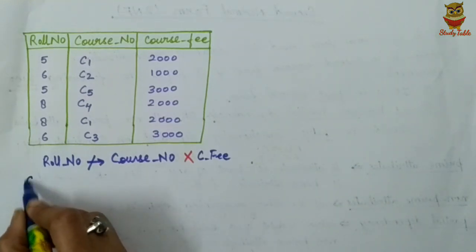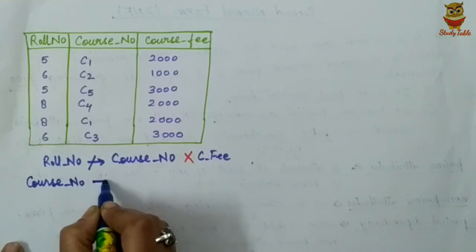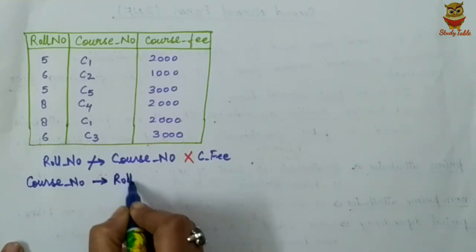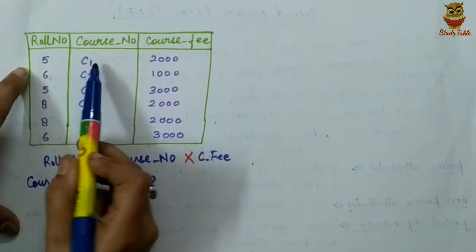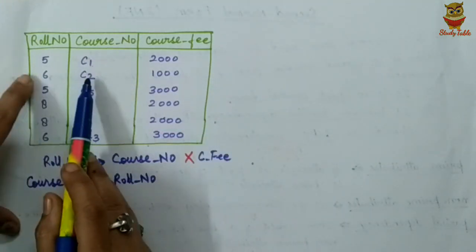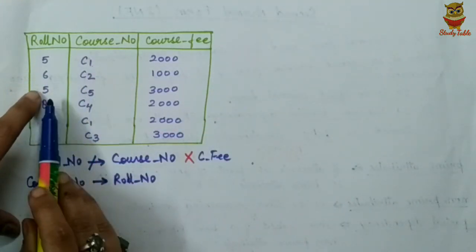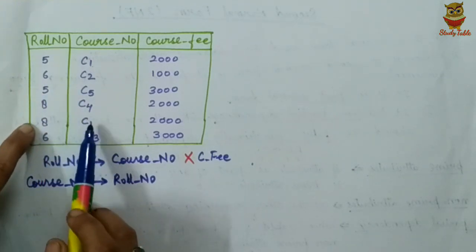Next, course number. Does course number uniquely identify roll number? Let's check. For course number C1, roll number is 5, fine. For course 2, roll number is 6, fine. Course 5, fine. C4, 8, fine. C1, 8.